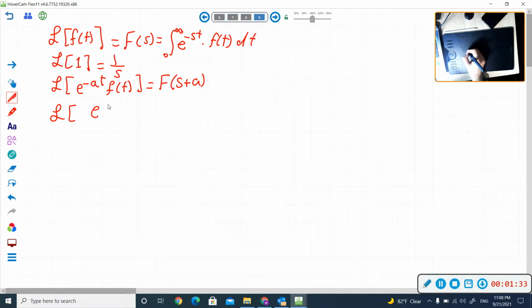prove that the Laplace transform of e to the power t equals... So we can use this feature of Laplace transform, and knowing that the Laplace transform of 1 is 1 over s, we can imagine that here there is a 1. Okay, so it is the same Laplace transform that we know, which is 1 over s, but we will replace each s by s plus a.